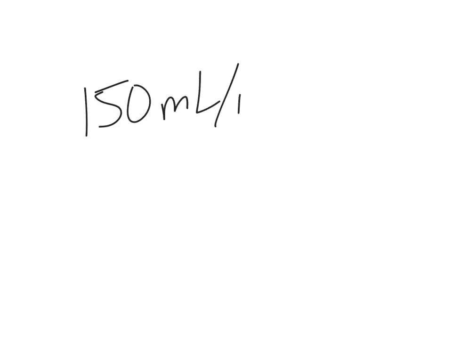So if, say, I was given a situation where a patient was told that they need to receive an IV at a flow rate of 150 milliliters per hour, and they need this for 12 hours.